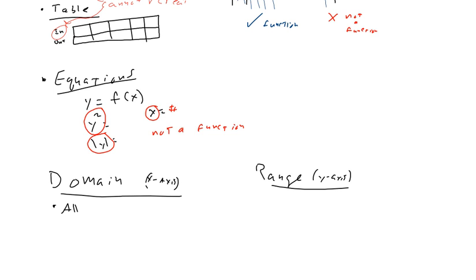Domain is all possible inputs allowed to a function. All the possible inputs that are allowed is our domain.